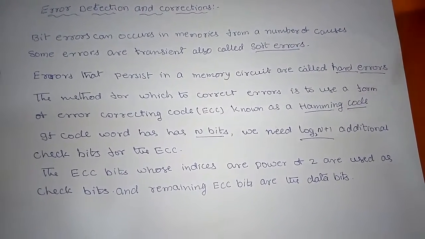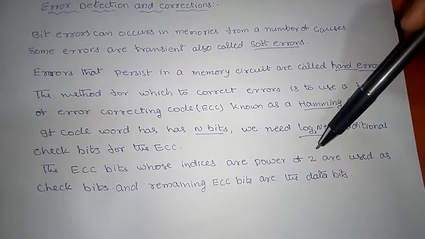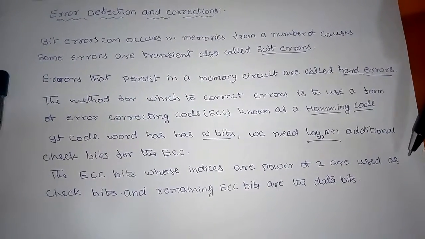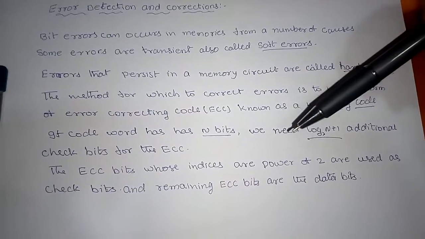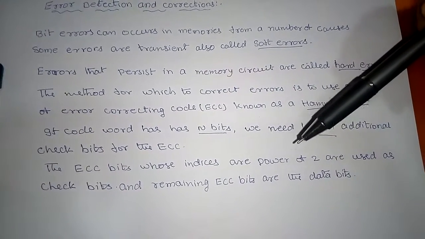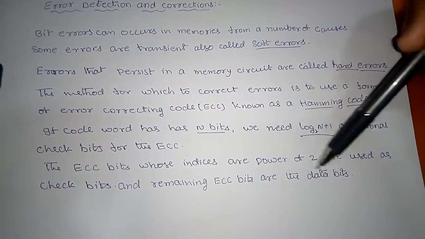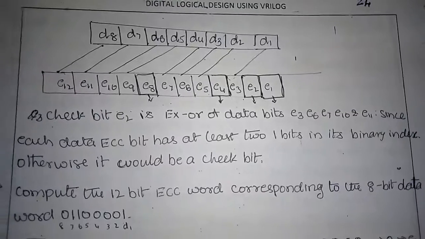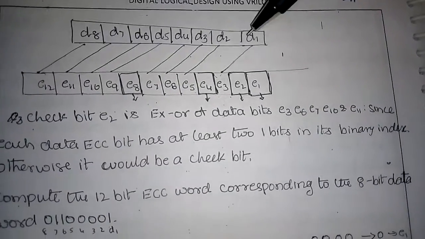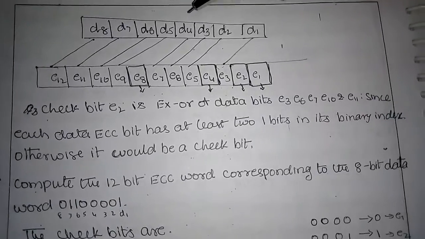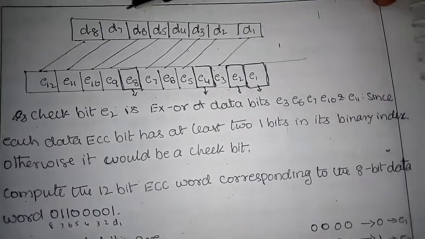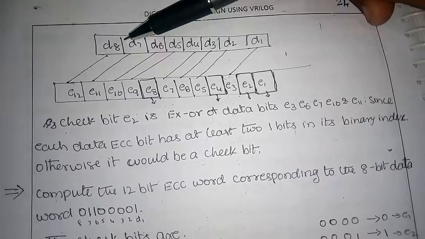The ECC bits whose index is a power of 2 are used as check bits, and the remaining ECC bits are the data bits. The data bits are D1, D2, D3, D4, D5, D6, D7, D8.